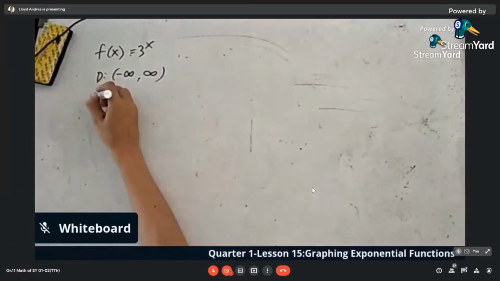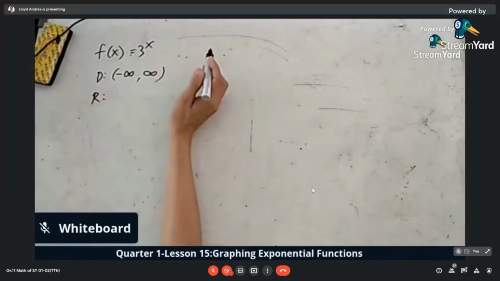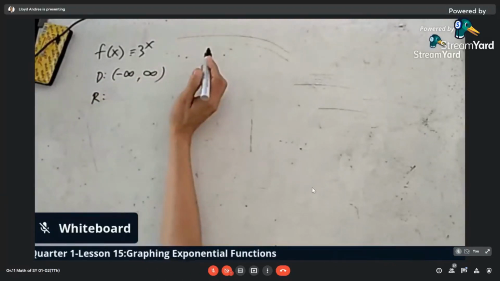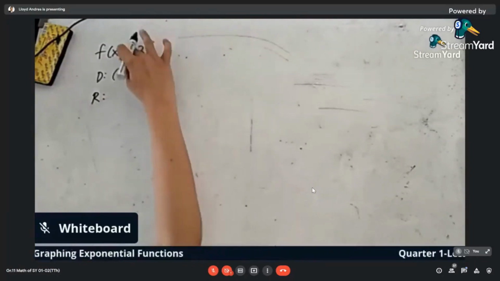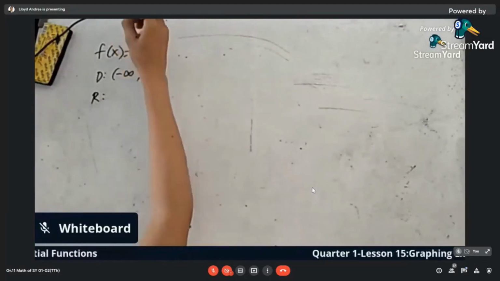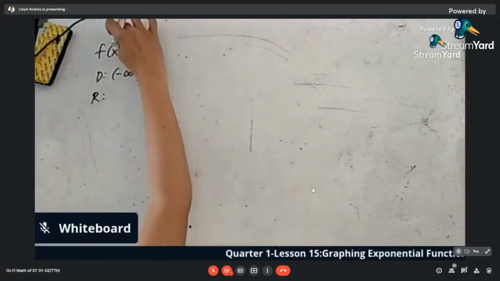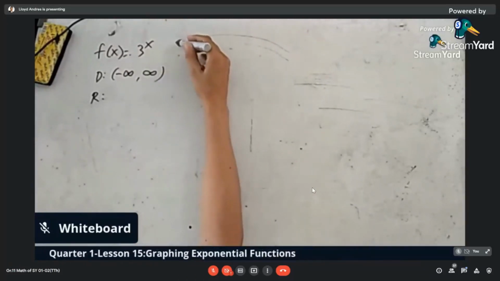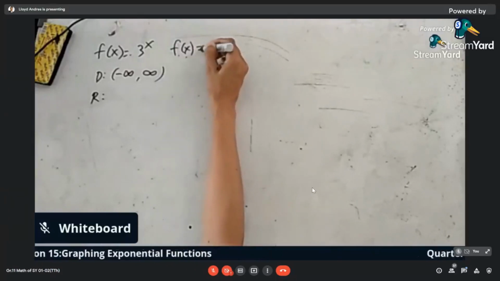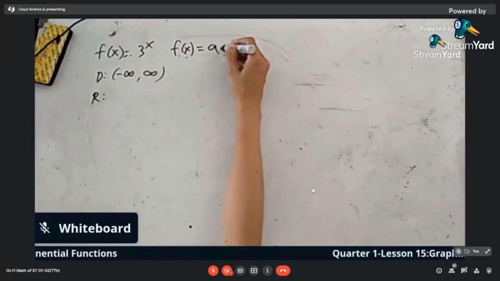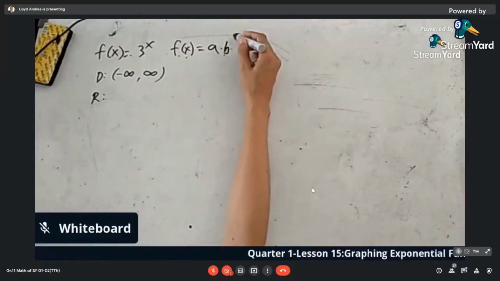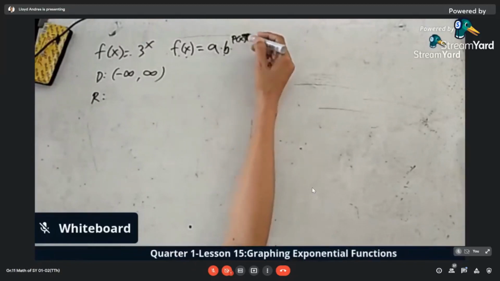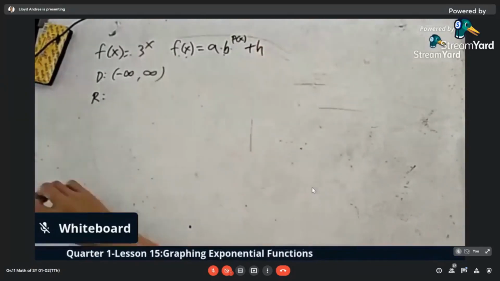For the range, the pattern depends on your A. Again, our general function has the form f of x equals A times B raised to (x plus h).